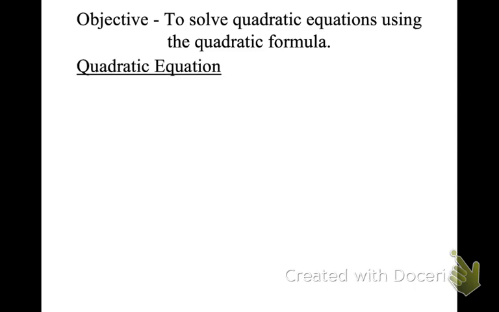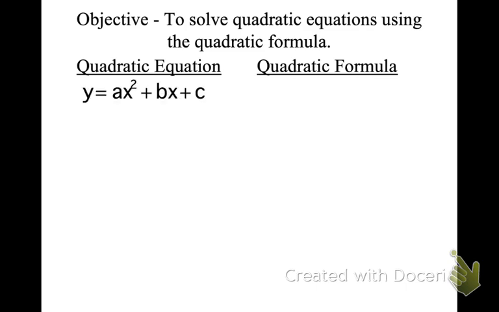Okay, so basically the quadratic equation is an equation, and it goes like this. It's a formula, sorry. And we use the quadratic equation with the quadratic formula. This is just one method. So here's the equation, and here's the formula.